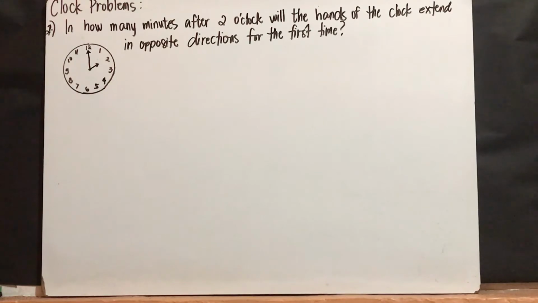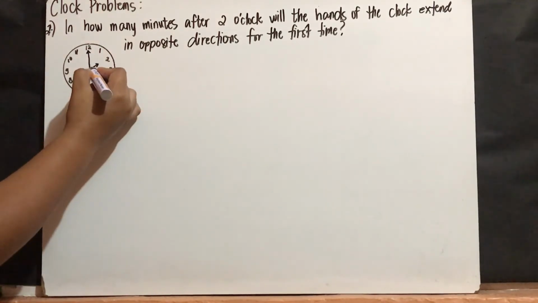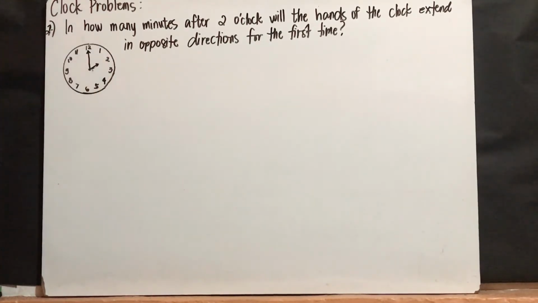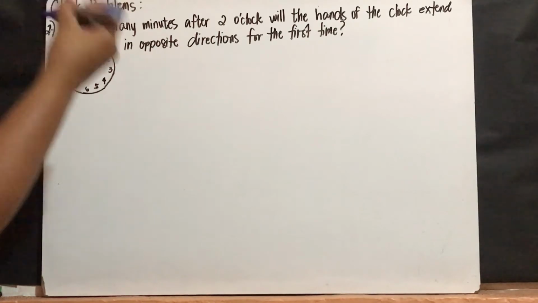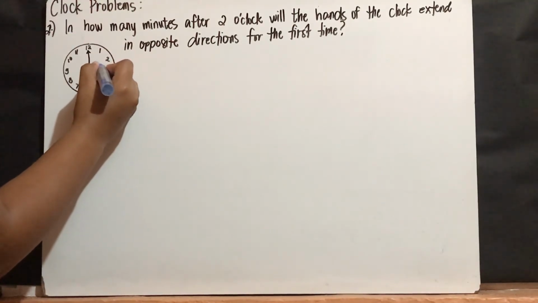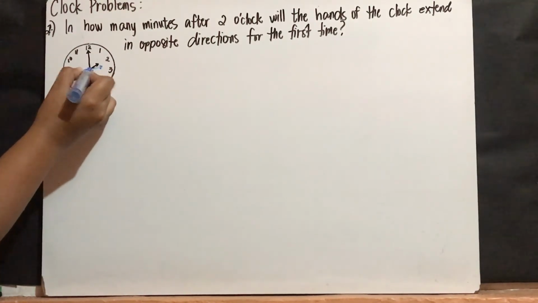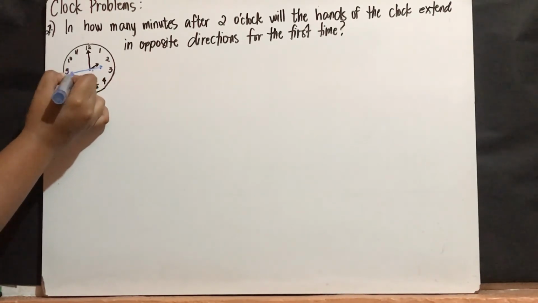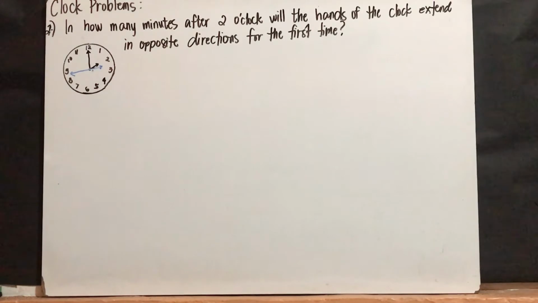So, mag-assume ulit tayo ng final na positions ng mga hands natin. So, for example, this will be the position of your hour hand after 2 o'clock daw. So, ito. And then, since opposite direction sila, so magkakaroon lang yan ng straight line. Okay? So, that is the final position.